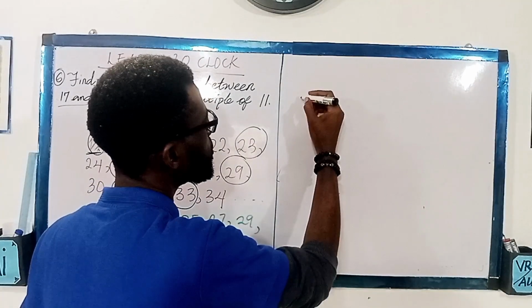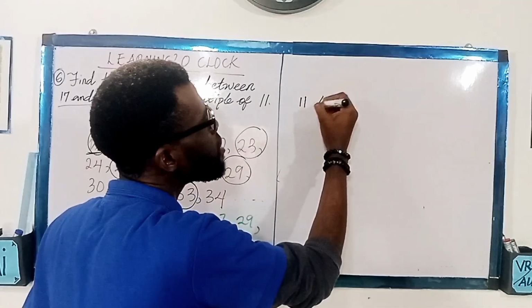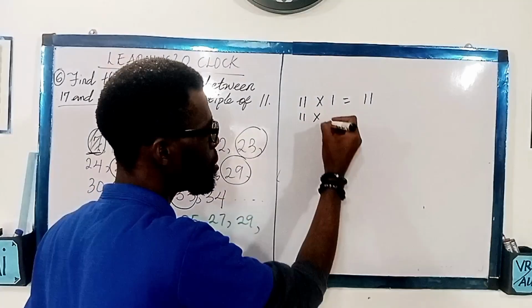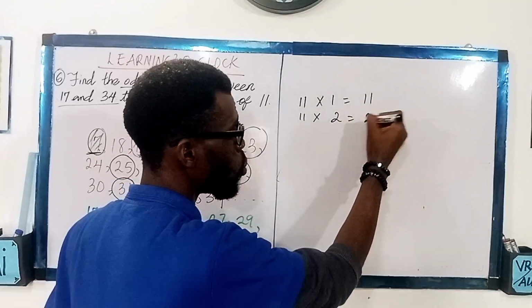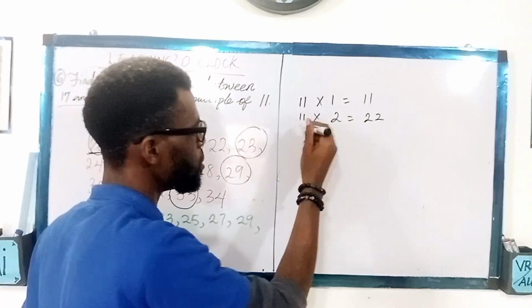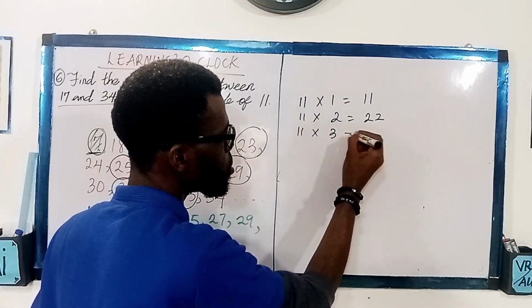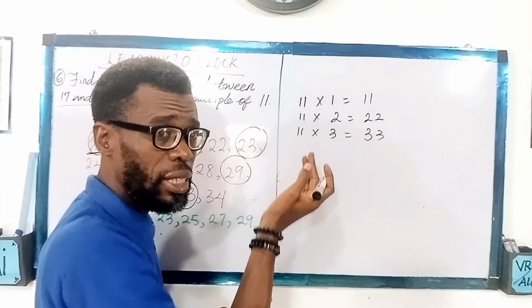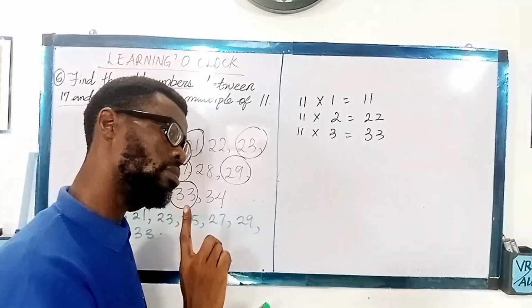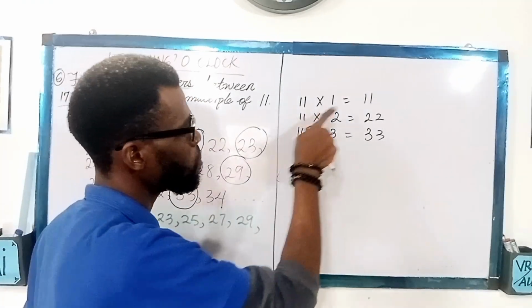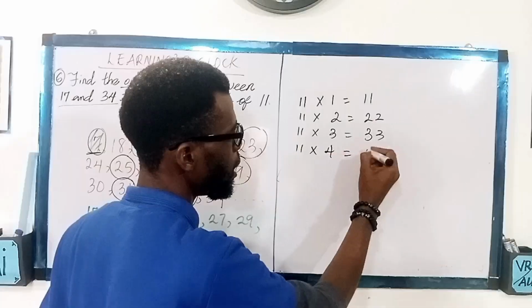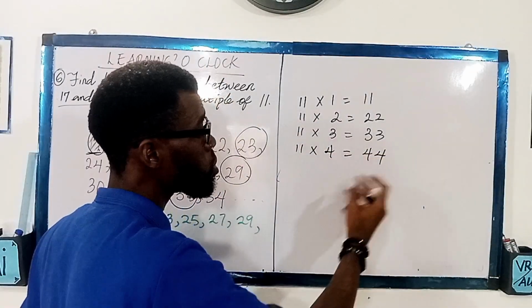So you have 11, a multiple of 11: 11 times 1 is 11. 11 times 2 is 22, a multiple of 11. 11 times 3 is 33, a multiple of 11. 11 times 4 is 44.